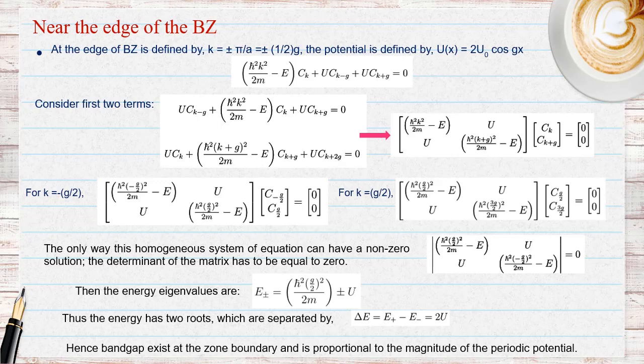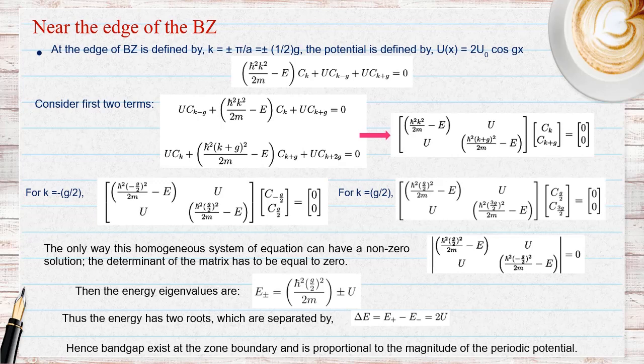Now we substitute for k at the zone boundaries. First at k is equal to minus g by 2. We just substitute for k here with minus g by 2. On substituting, you will get the equations corresponding to coefficients C(minus g by 2) and C(g by 2).